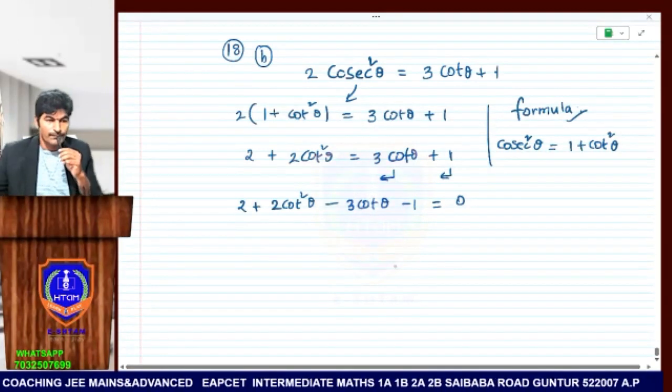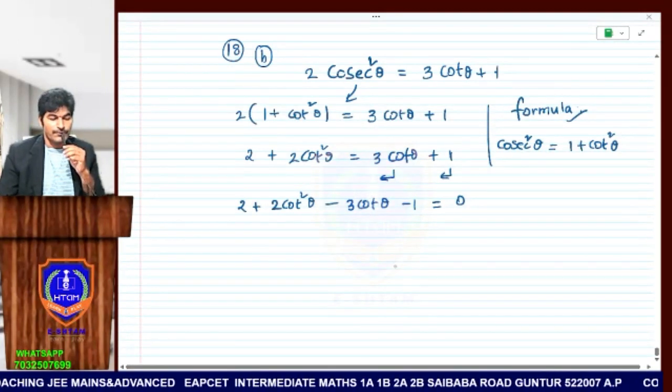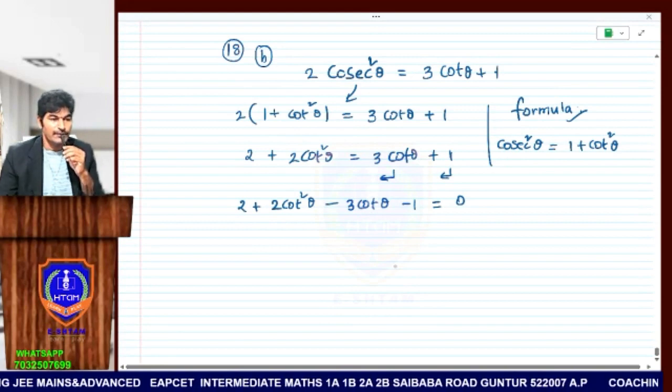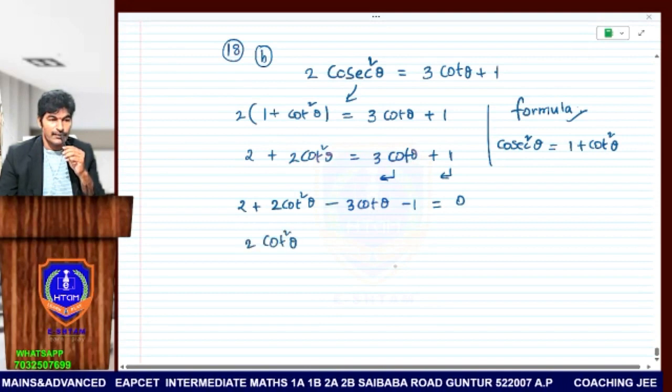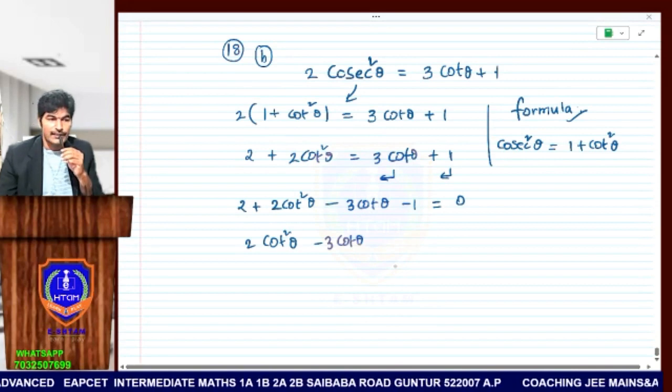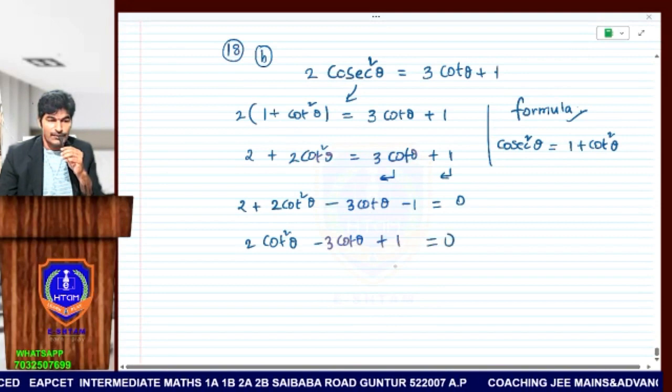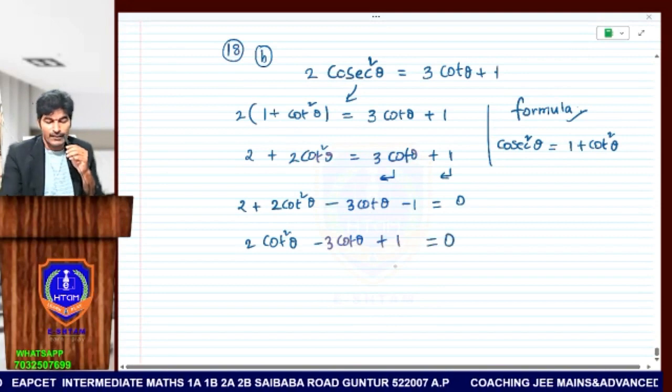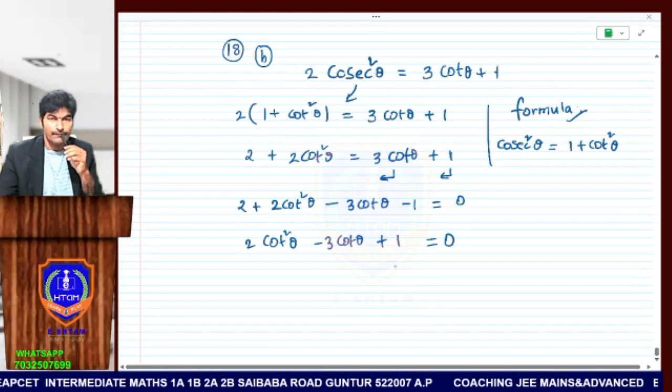Therefore, the equation becomes 2 cot square theta minus 3 cot theta. Here only a simple solution exists: 2 minus 1, which is 1, equal to 0. Understood?